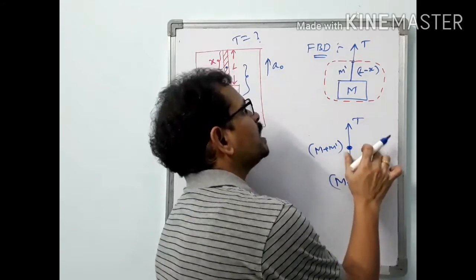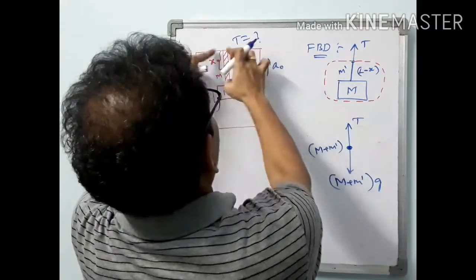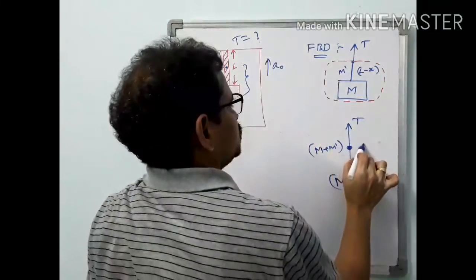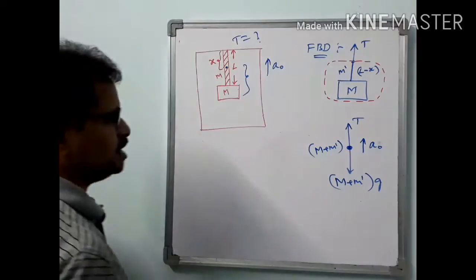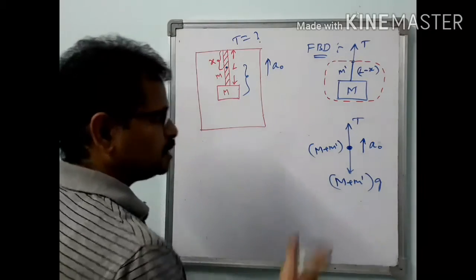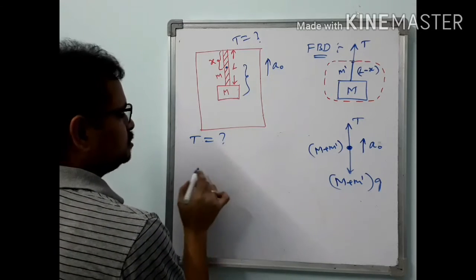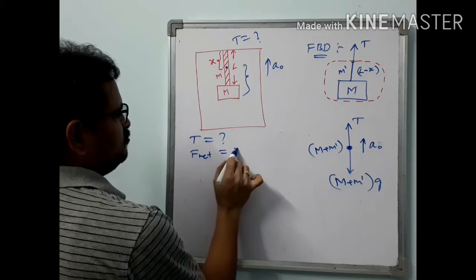So what is this acceleration? In which direction is it accelerating? As this is fixed to the roof of this elevator, which is accelerating in upward direction, our entire system is having an acceleration in upward direction, that is a naught. Now our target is to find what is tension here. So what is the equation? Net force F net equal to ma.